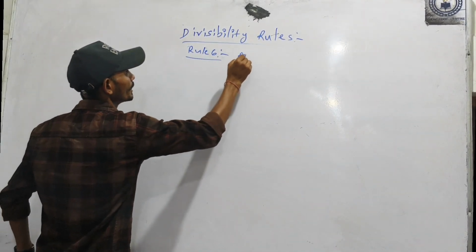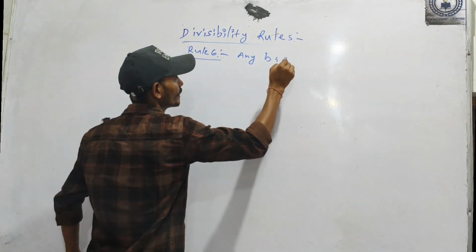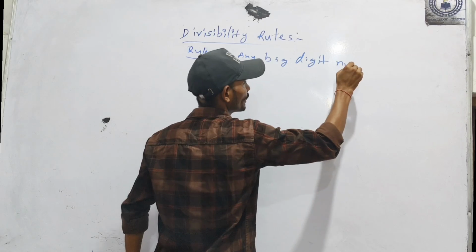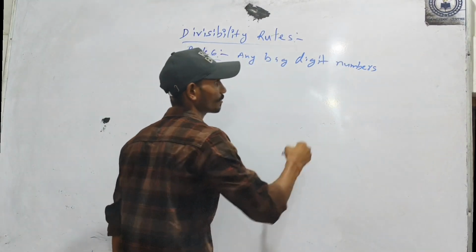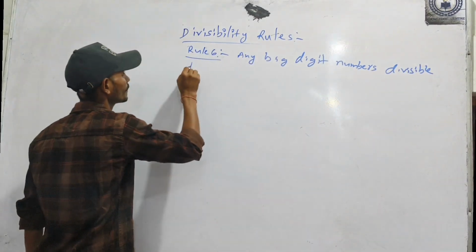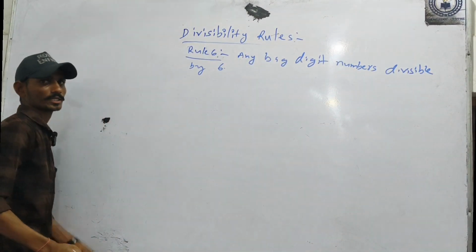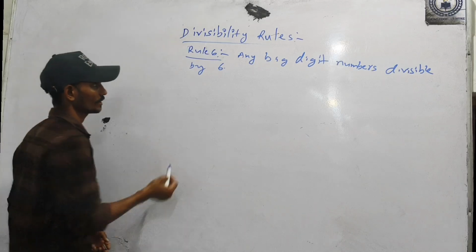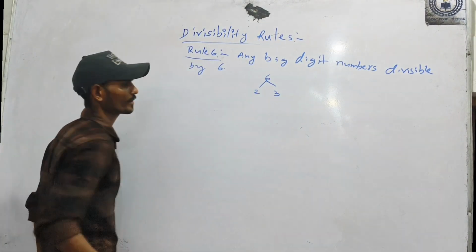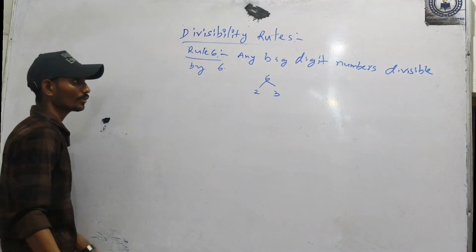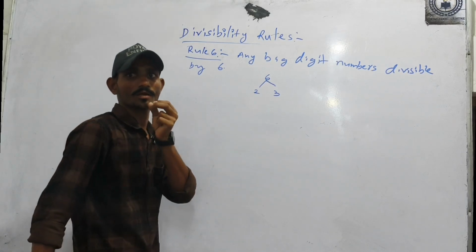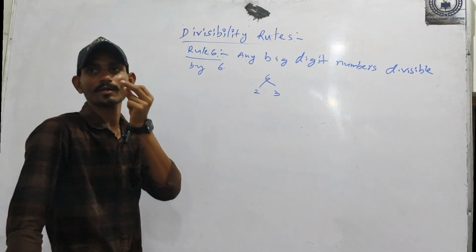Rule 6: for any big number to be divisible by 6, two conditions are applicable. 6 is the product of 2 and 3, so when a number is divisible by 6, that number is applicable for rule 2 and rule 3.